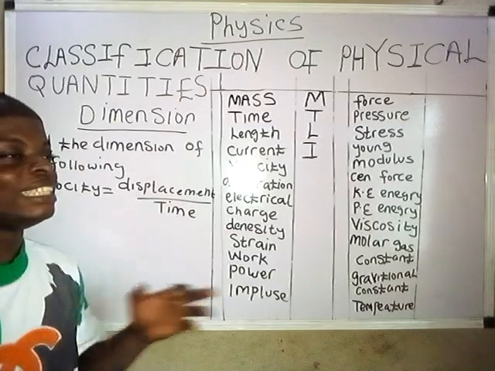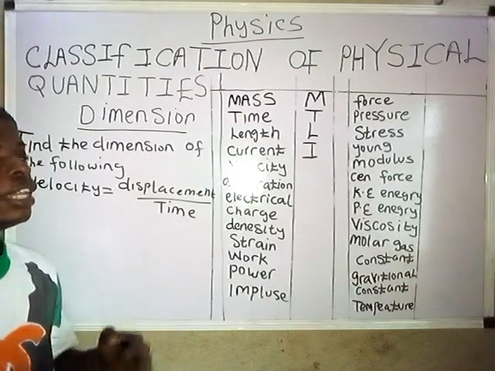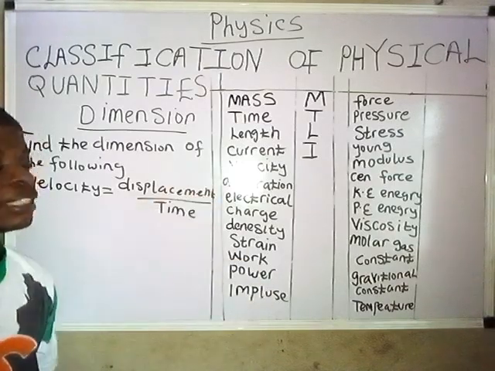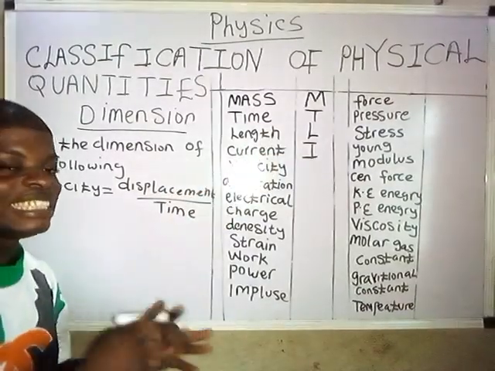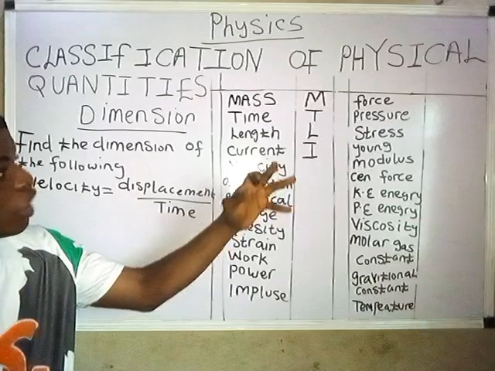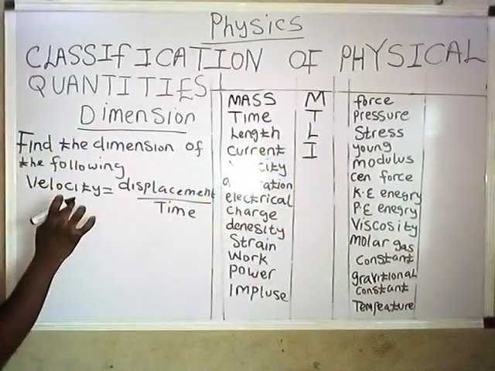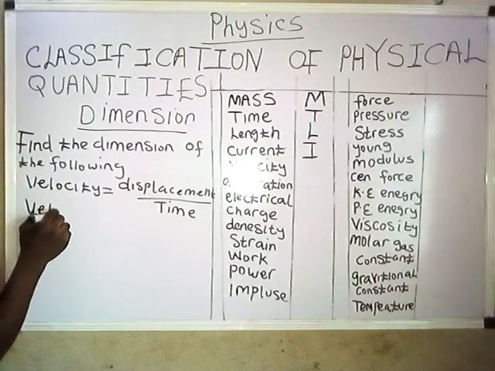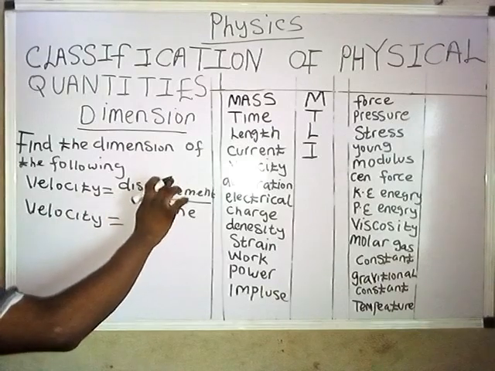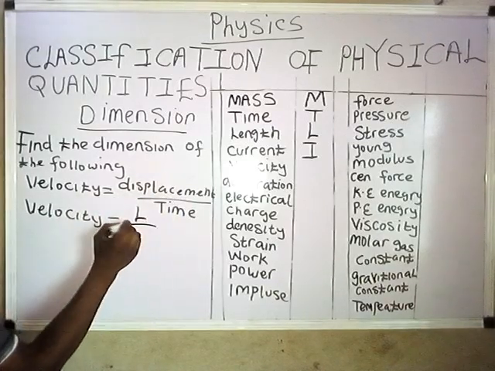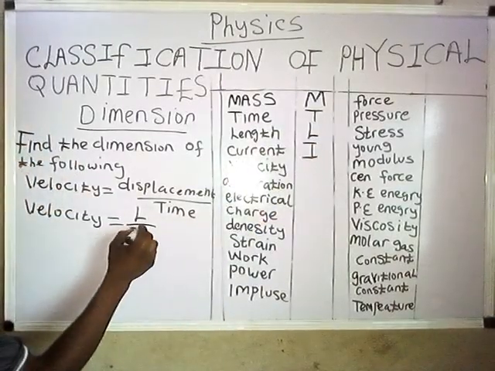Displacement has to do with distance, and the SI unit is meters, so it can be represented with L. Distance comes with length, so the dimension for displacement will be L. So velocity equals the dimension for displacement, L, over the dimension for time, which I gave you as T. So L over T.